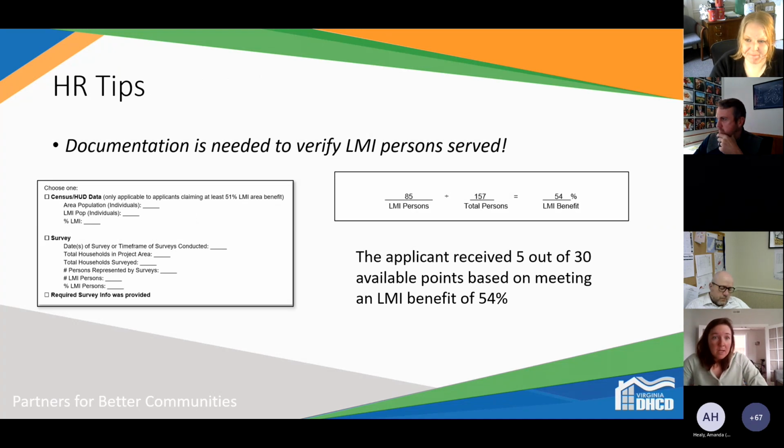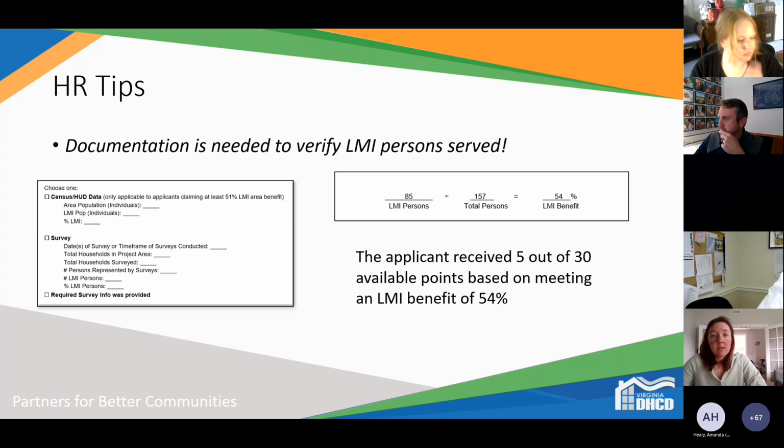This is a big one. For housing rehab and comprehensive community development projects specifically, the data that you provide to demonstrate the LMI benefit is crucial. We ask for it in maybe 3 or 4 different places.